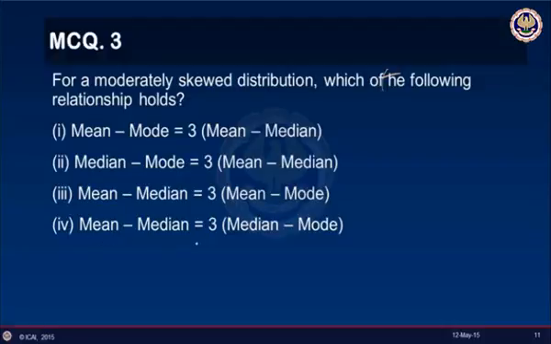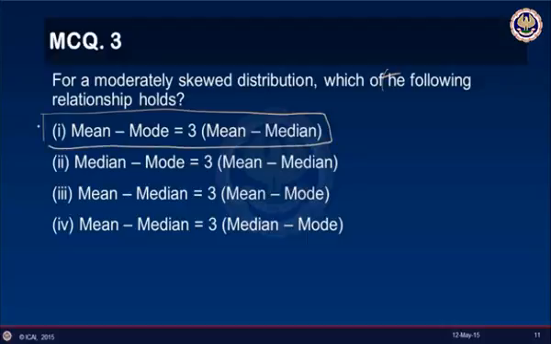Fourth, mean minus median equals 3 times median minus mode. Already we have discussed the relationship between mean, mode and median. In the case of a grouped frequency distribution, mean minus mode equals 3 times mean minus median. Option A is the correct answer.